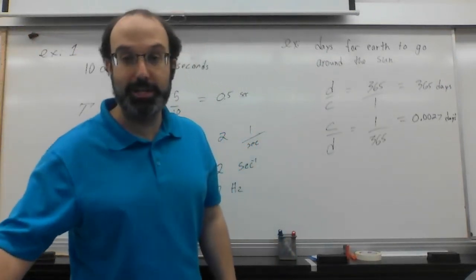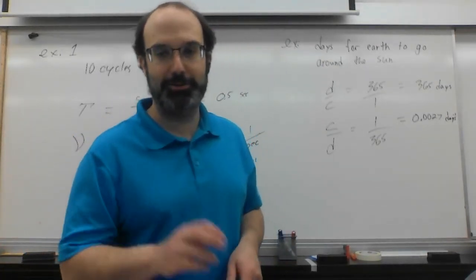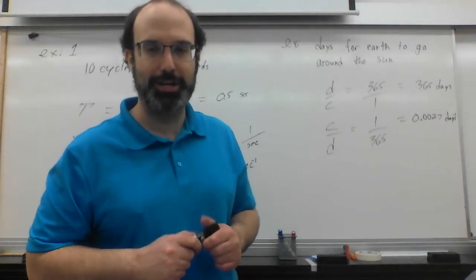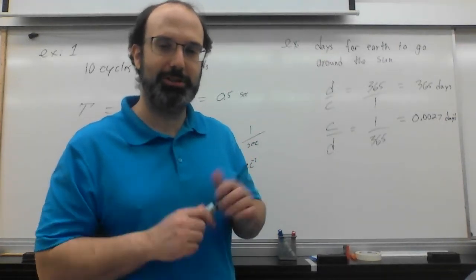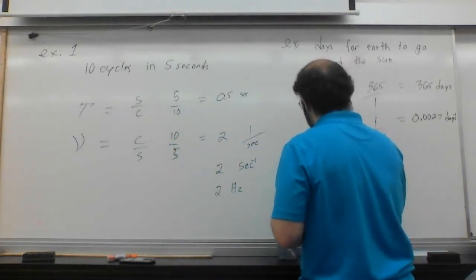And that's kind of the thing we see here. The reason why there are 2 different ways to talk about time in circular motion is because each one of them is good at different things. Frequency is really good at fast things.